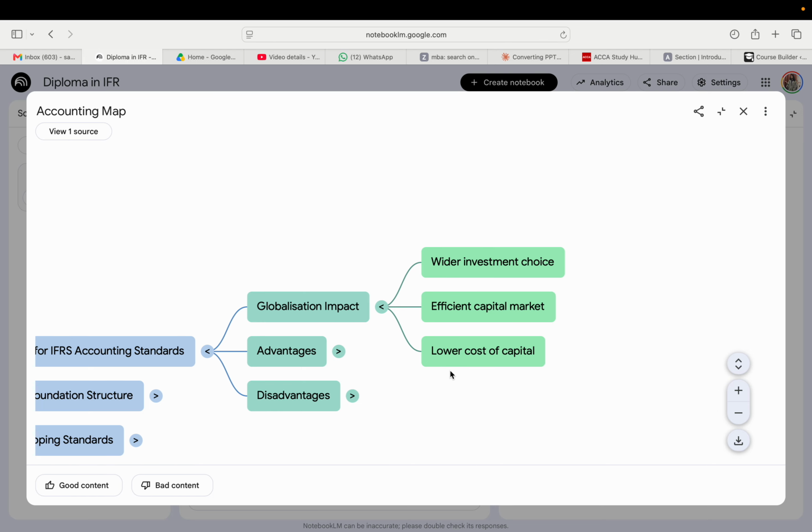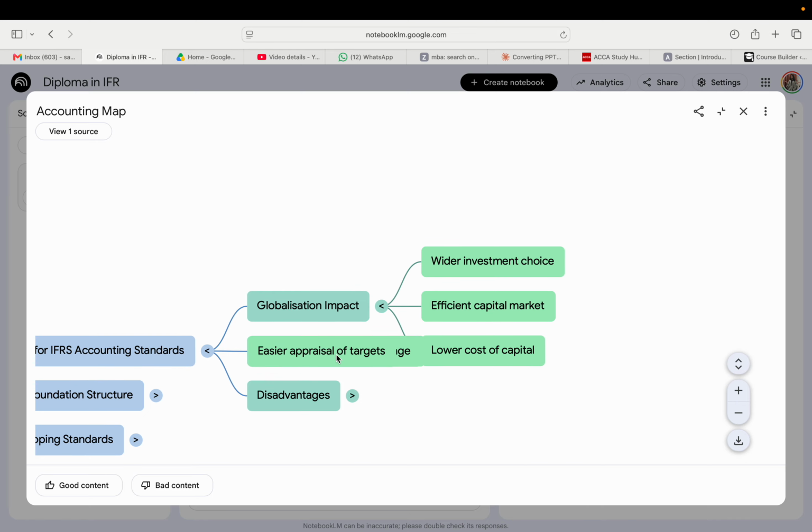So IFRS accounting standards is now everywhere, not just in one country, right? So everyone needs an understanding of this, whether you are in Singapore or Dubai or South Africa region. IFRS is everywhere because that's like a common language every accountant can read and compare.